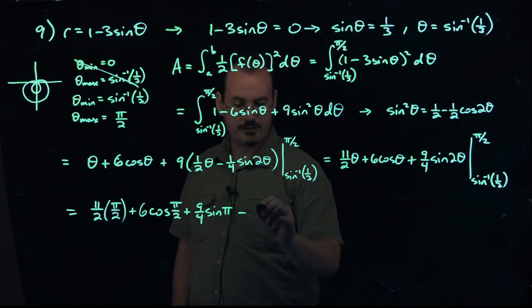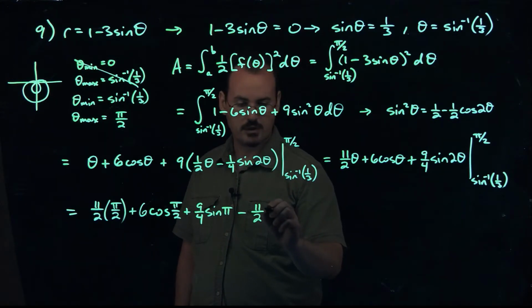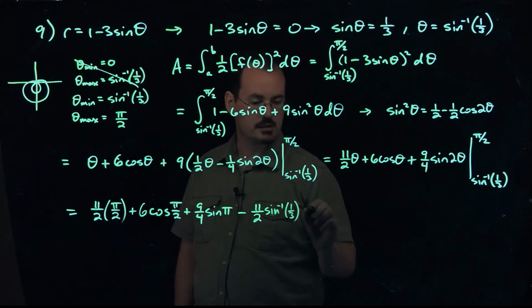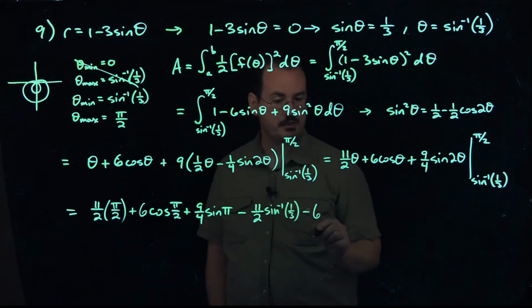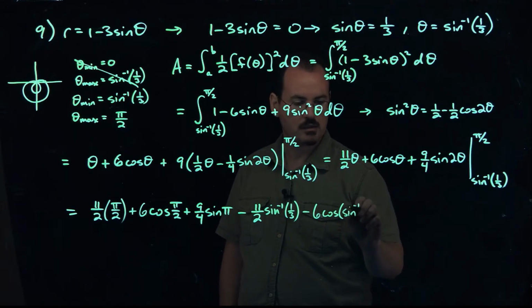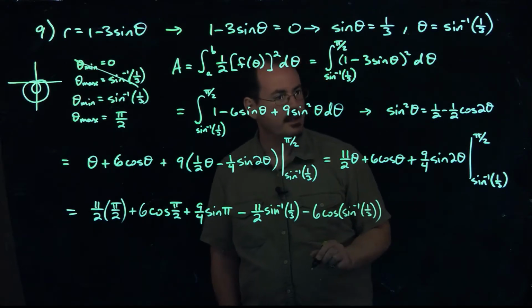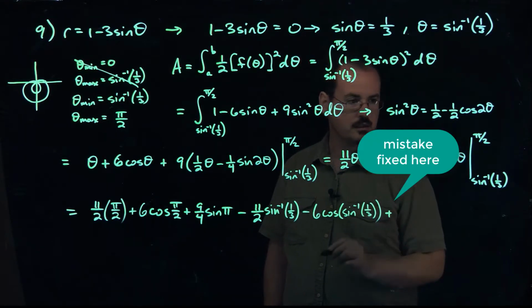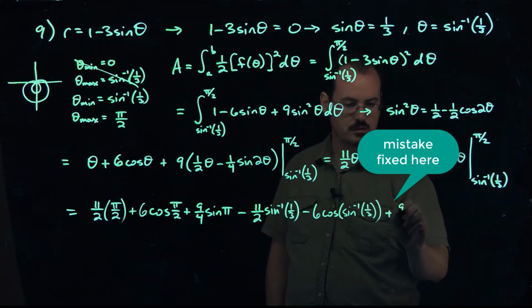So I'm going to have 11/2 inverse sine 1/3. And 6, subtracting off all of these so they all become negative, the cosine of the inverse sine of 1/3, and 9/4.